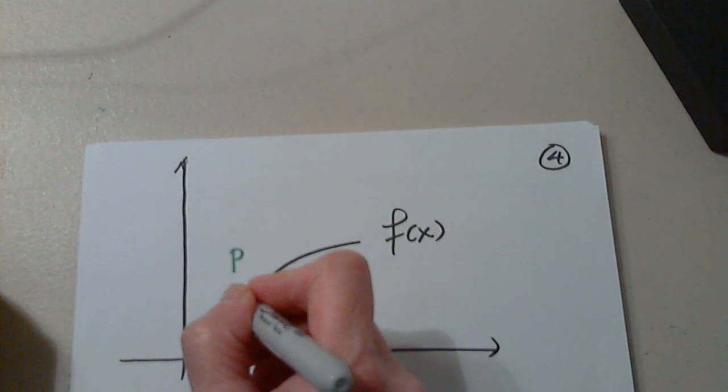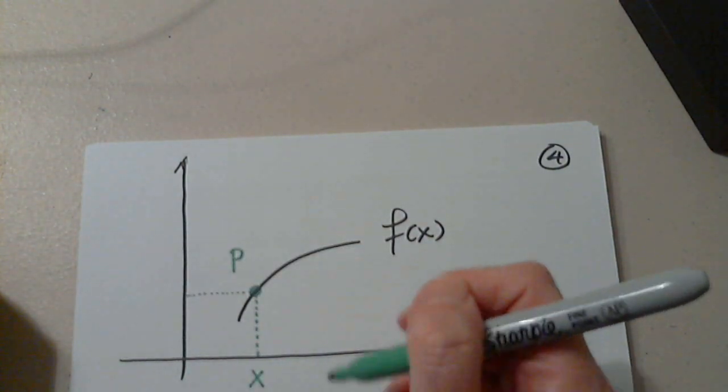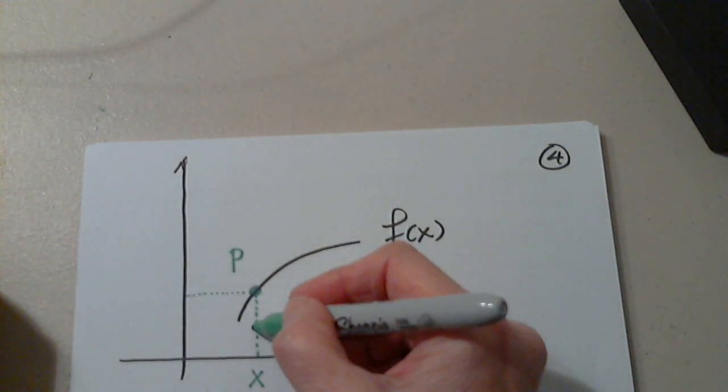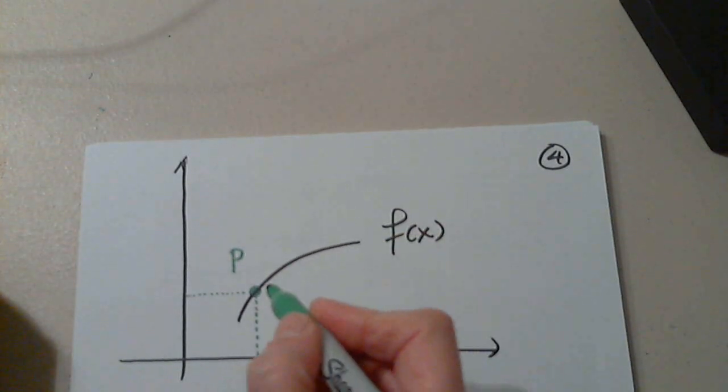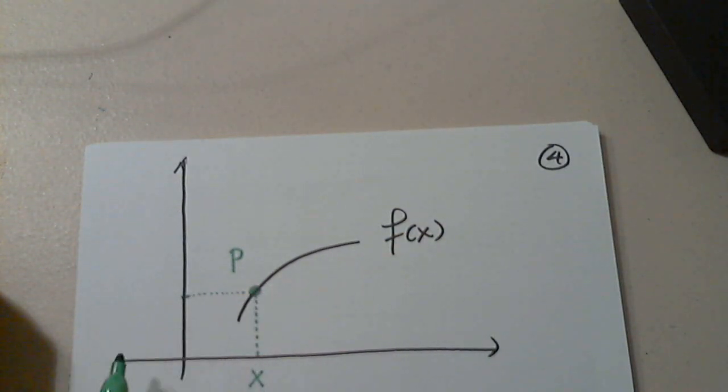Can anyone give us the y coordinate of P? So P is on this function and its x coordinate is just plain x. What will be the y coordinate? Just y? True. Perfect. What is the other way of saying y?